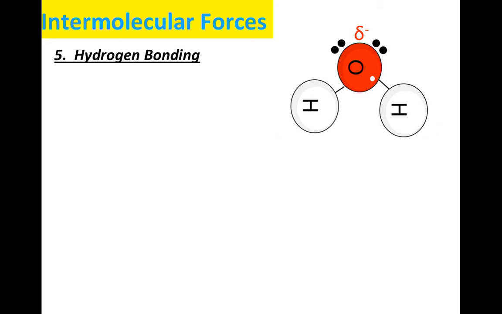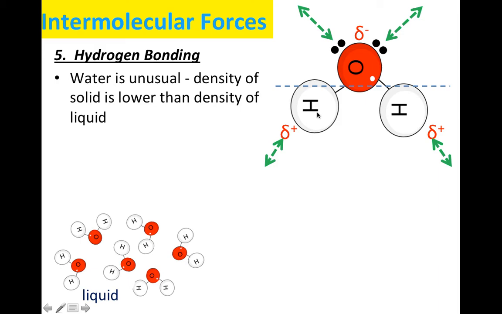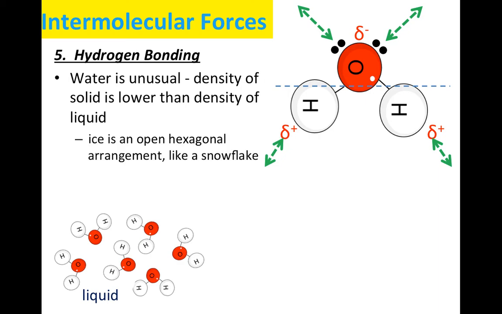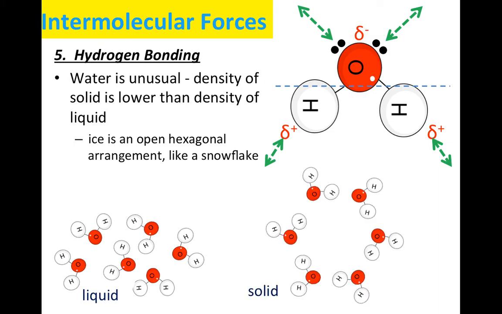It happens when you look at water, for example. You have all these forces in this water molecule. You have this lone pair, you also have this positive hydrogen. What happens when you have it as ice? Ice floats. We know that the density of ice is lower than that of the liquid because ice floats. Why does that happen? It is because water molecules will orient themselves in a hexagonal pattern.